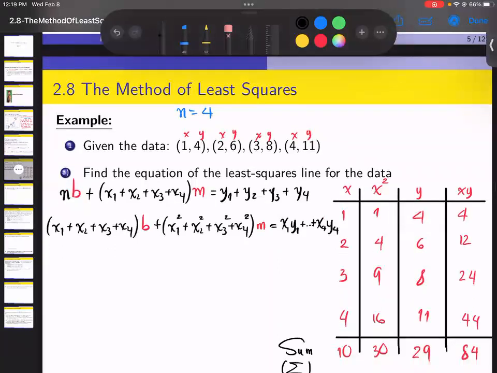N is 4. Let me write in red. It's a lot of work trying to keep up with the color. N is 4. And then the sum of x1, x2, x3, x4 is 10. Right. 10m equal the sum of y, which is 29.